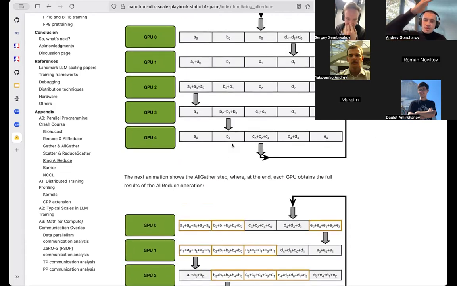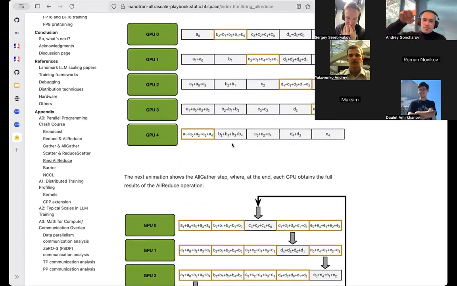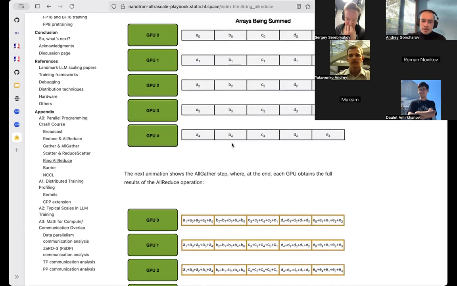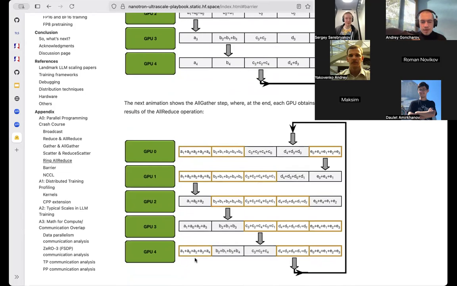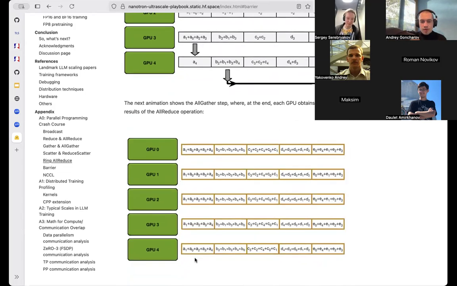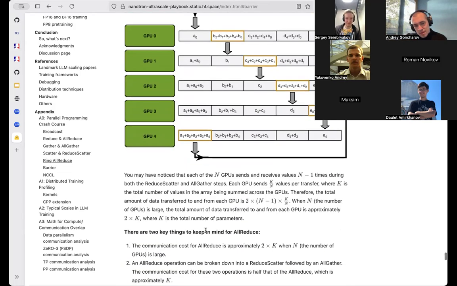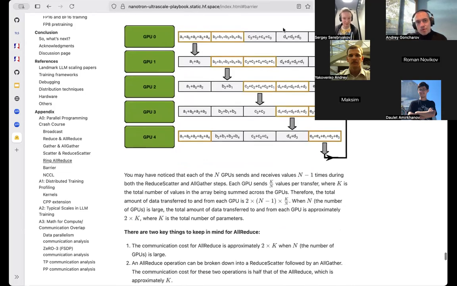Across all of the GPUs, each one in one of the chunks has all of the sums on the diagonal, and then they distribute the diagonal stuff down to all other GPUs. Pretty cool.